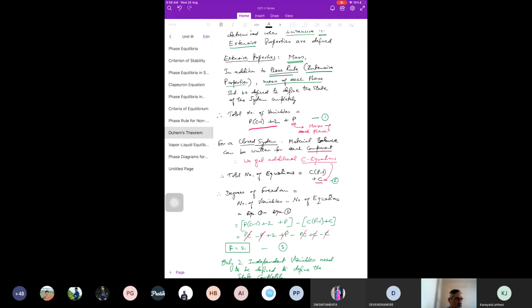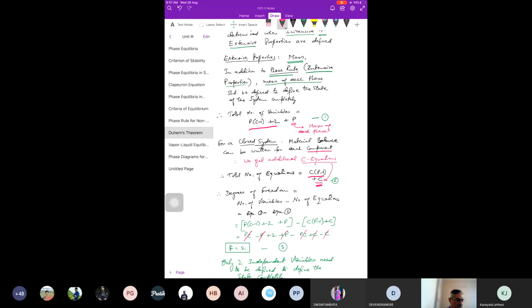For a closed system, change in mass of component 1 in phase 1 plus change in mass of component 1 in phase 2 is equal to 0. So we can write material balance equations. If we know the input, then we know the output also. The total number of equations will be the earlier C times (P minus 1), plus C material balance equations for C components. Material balance is connecting mass, right? So if we know the mass of the input, we know the output.